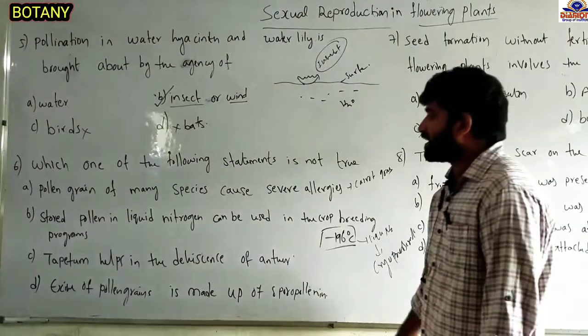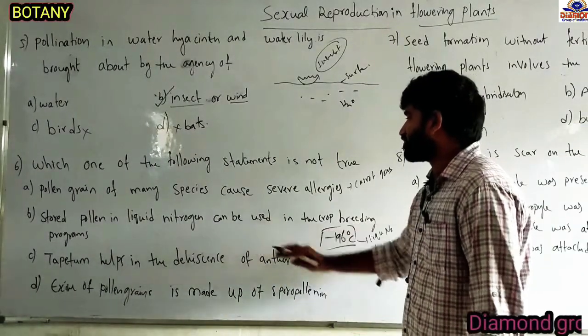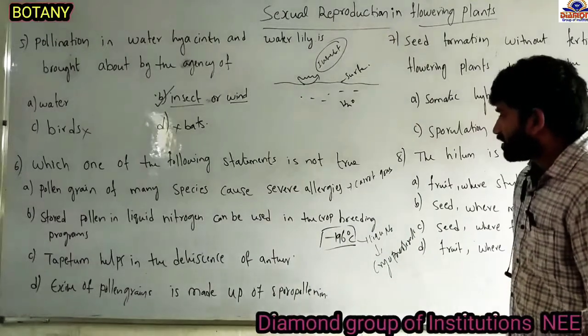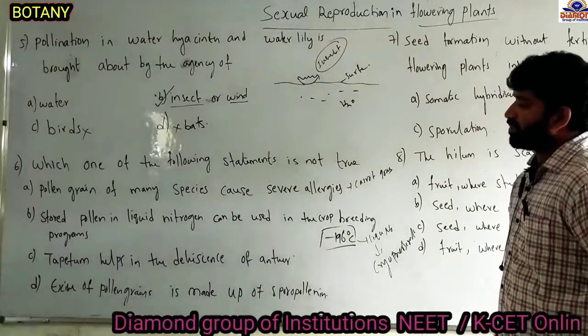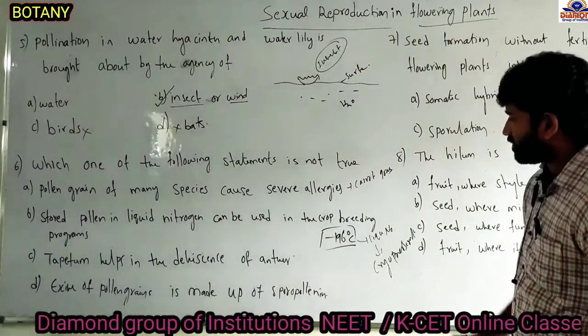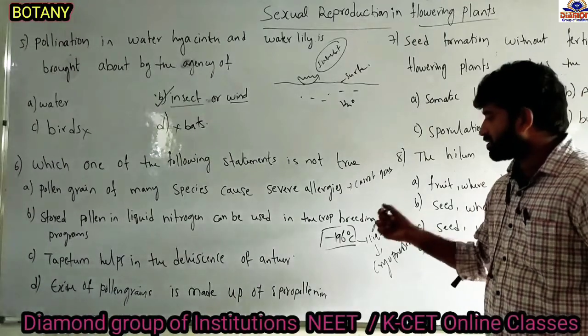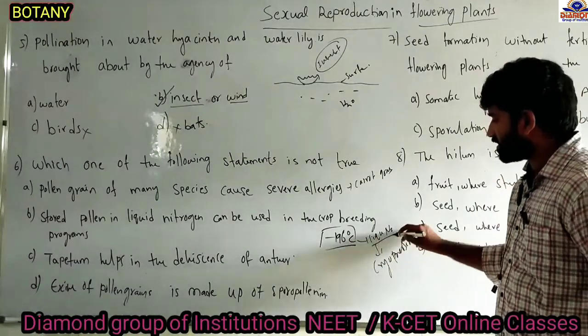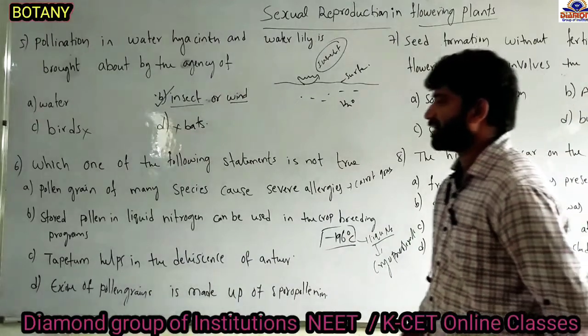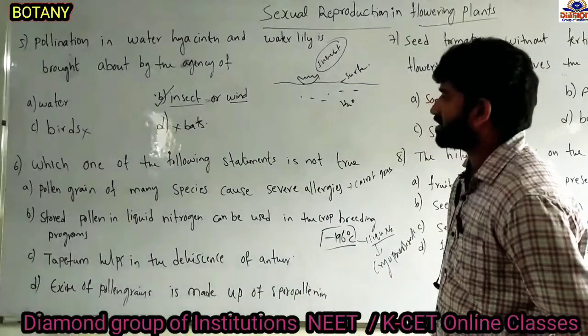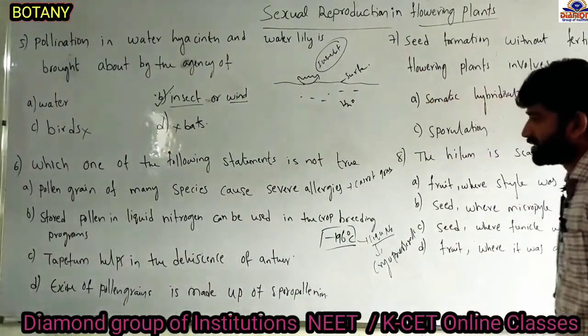Stored pollen in liquid nitrogen can be used in crop breeding programs. We can store it at minus 196 degrees using liquid nitrogen. It's called cryopreservation. Option B is also a correct statement.